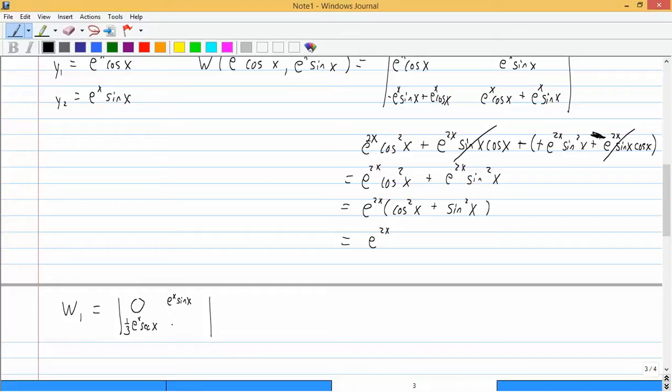So that's going to be e to the x cosine x plus e to the x sine x. Now if you work that out, we're going to have this diagonal, which is 0, minus the product of this diagonal. And that diagonal is 1/3 e to the 2x secant x sine x.